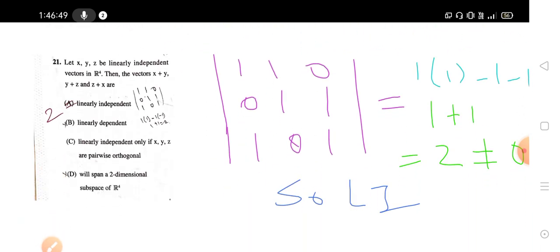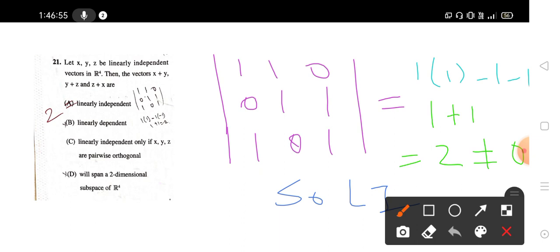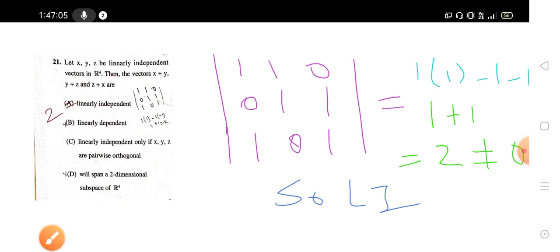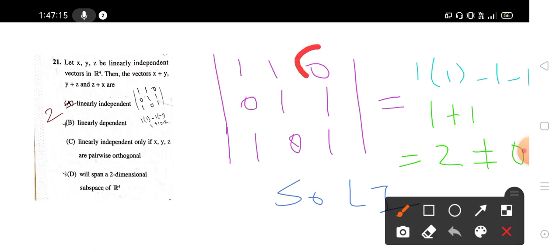Let x, y, z be linearly independent vectors in R4. Then the vectors x plus y, y plus z, and z plus x are written in coordinates. Here x plus y, that is x equal to 1, y equal to 1. Here z is absent, therefore z equal to 0.